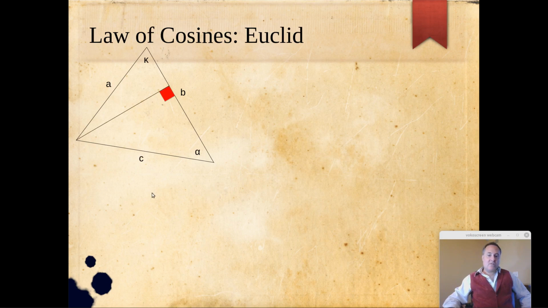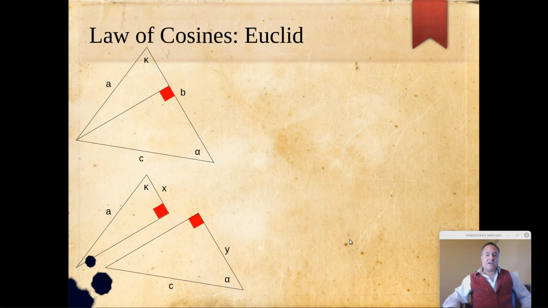And we're going to do essentially the same thing. We're going to split the triangles. Now I've got two right triangles. And since B is being split, this whole side is being split into two, I'm going to name these X and Y, okay? So the cosine of the angle kappa in this top triangle here is the base divided by the hypotenuse.